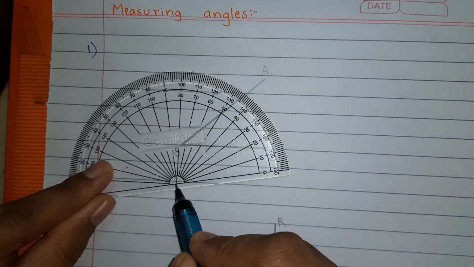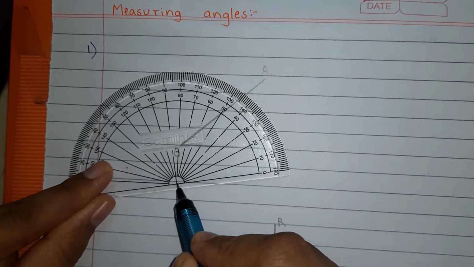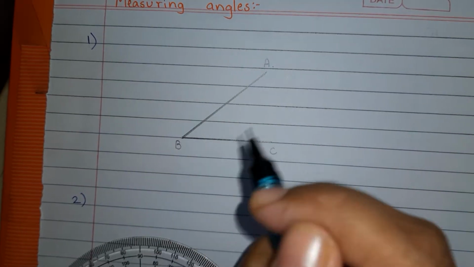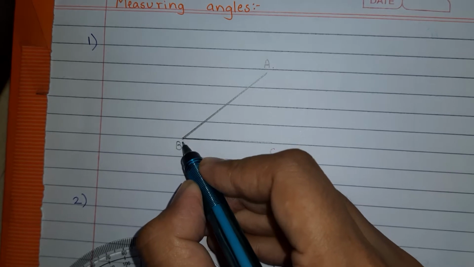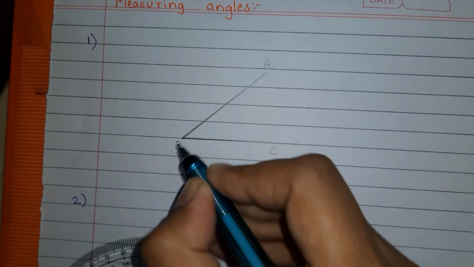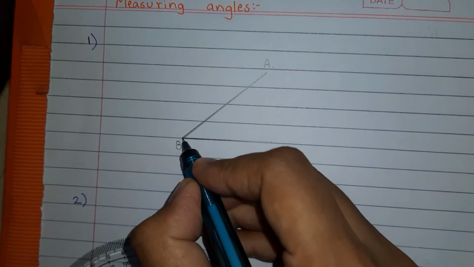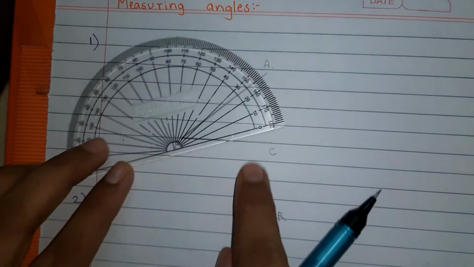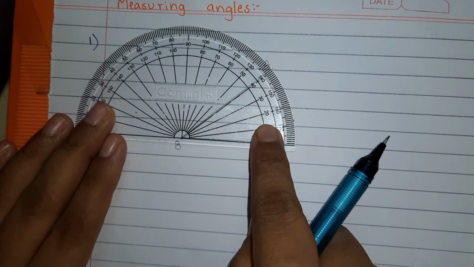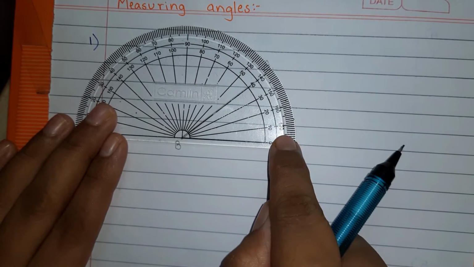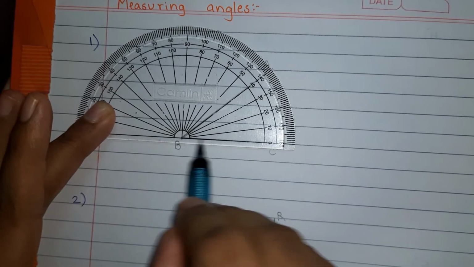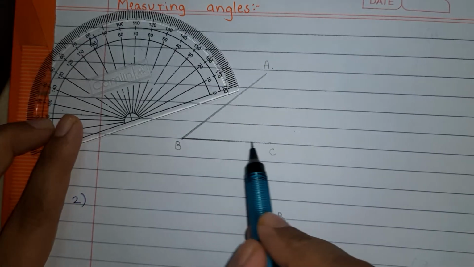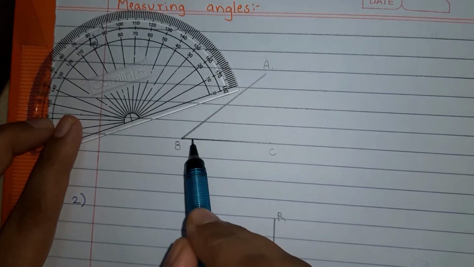See this center of the protractor, this point you have to keep on the vertex of the angle. This point B, you can draw a small dot here. This dot, this point B is the vertex. On this vertex you have to keep the center. And the baseline, this baseline should exactly overlap the arm of the angle.